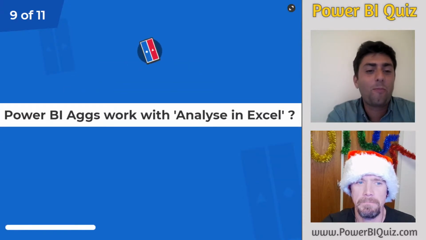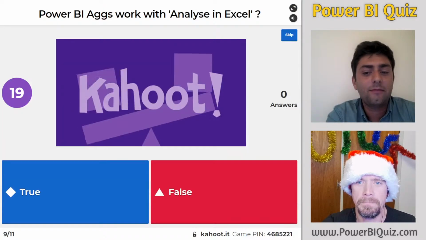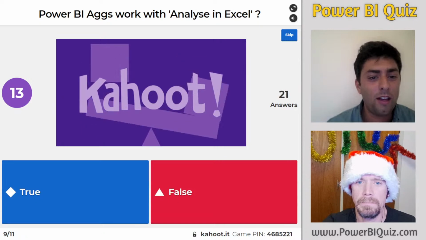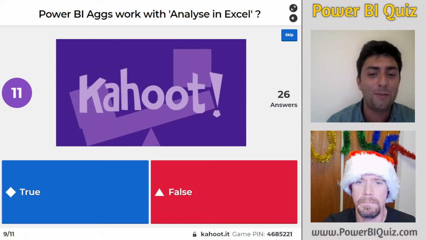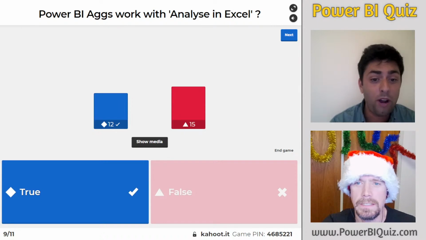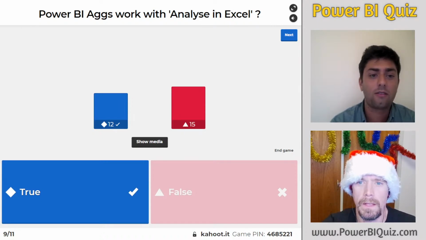True or false? So, does this feature work with Analyze in Excel? I know that actually Mark asked this question to Microsoft on the MVP DL. Wow, I'm surprised by the answers. Of course it works.